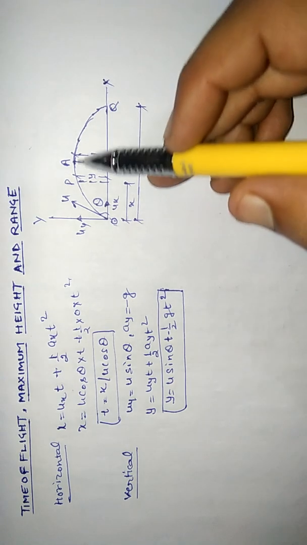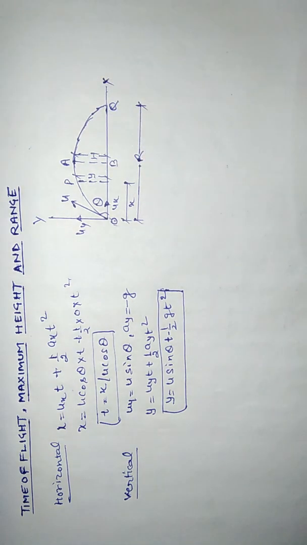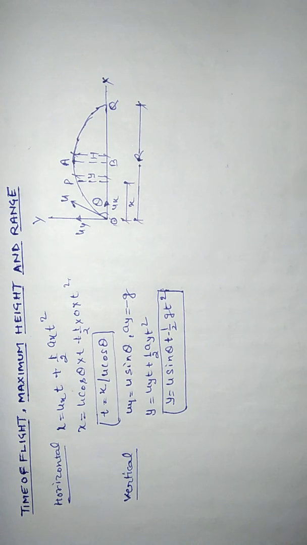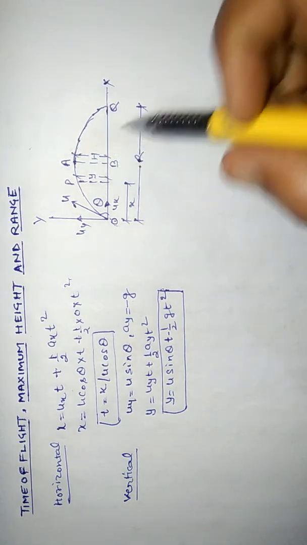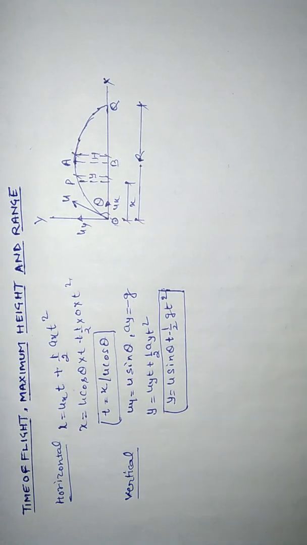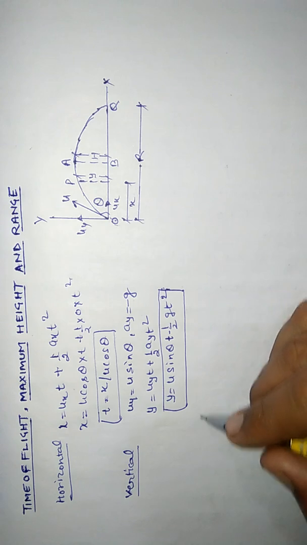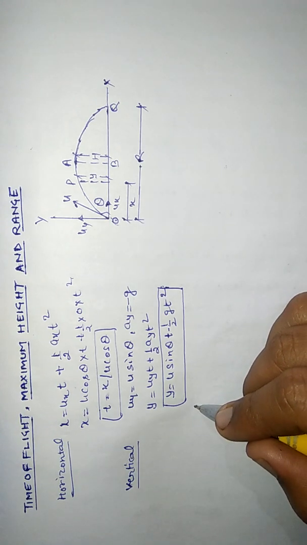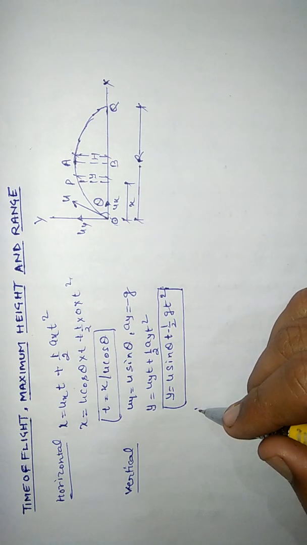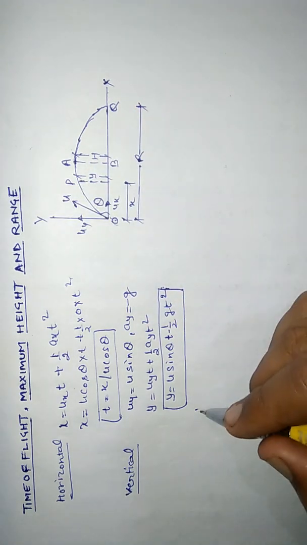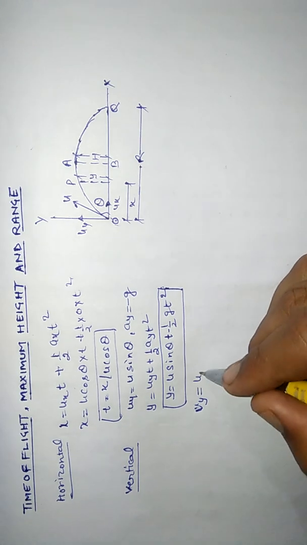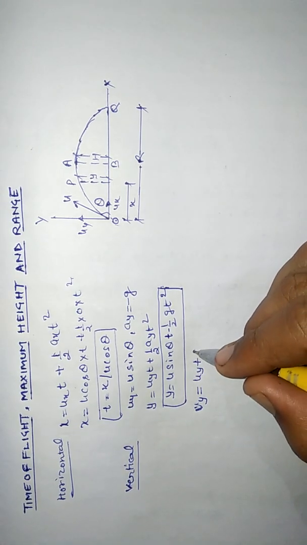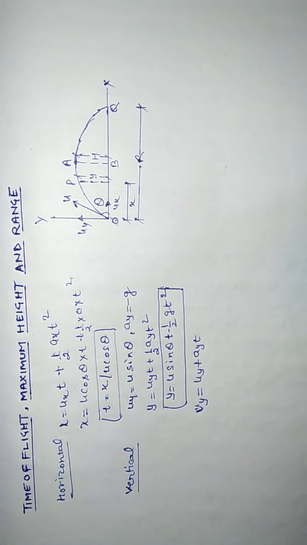On reaching the highest point A, the vertical component of the velocity becomes 0 at this point. So the velocity of the projectile at any time along the y-axis is given by Vy is equal to Uy plus Ay into t.